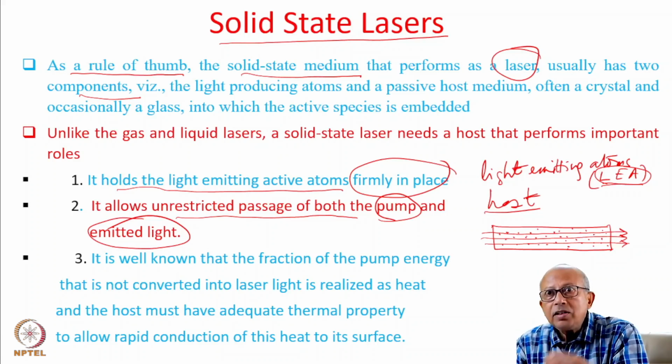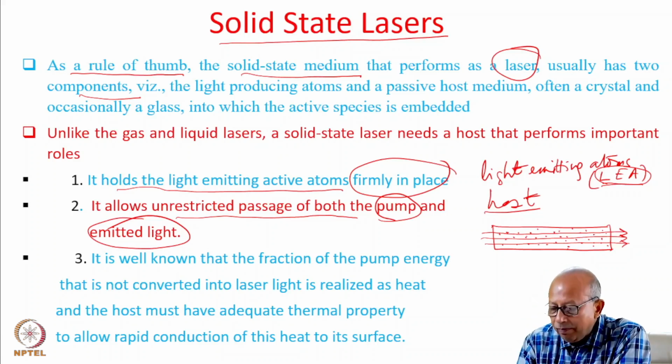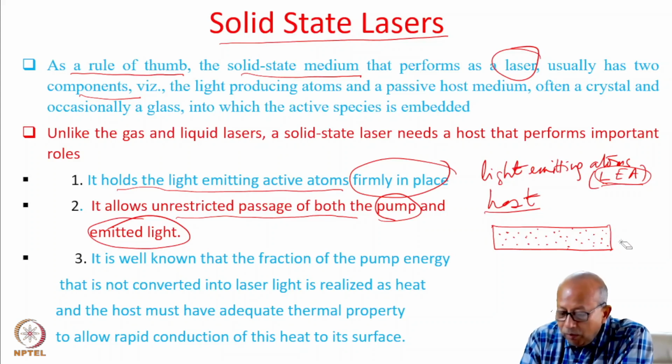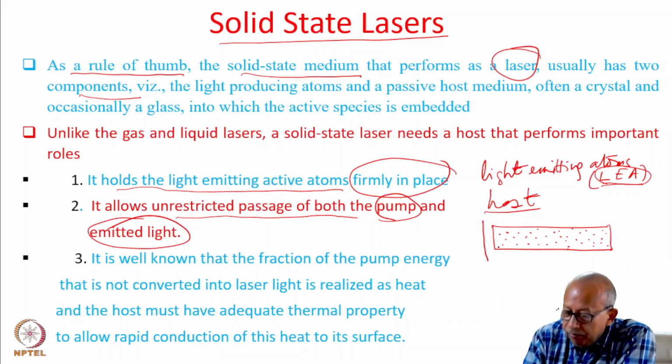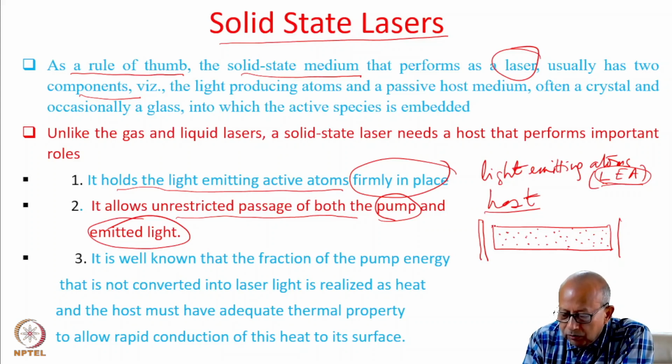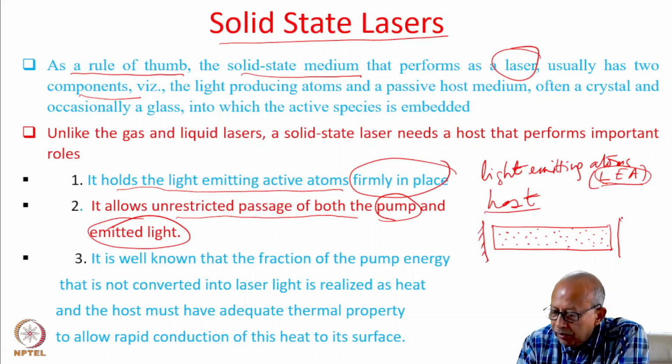And once the excited atoms emit light, and you have placed this active medium, in which population inversion has been created, in a cavity, then this light should be able to oscillate back and forth inside the cavity.